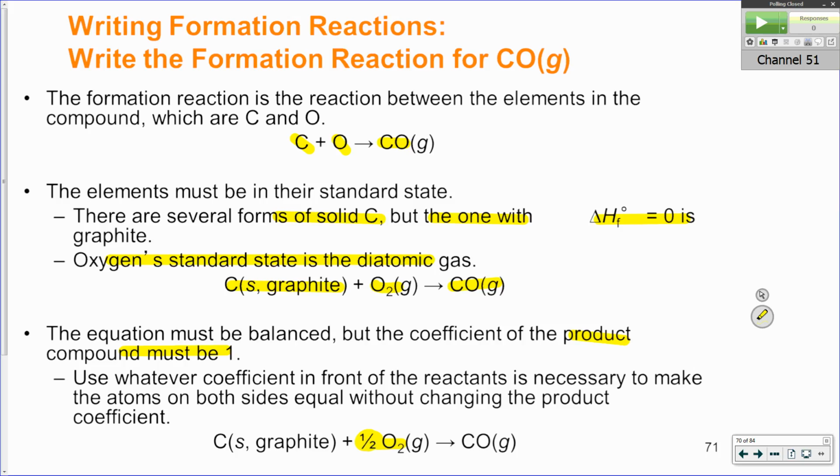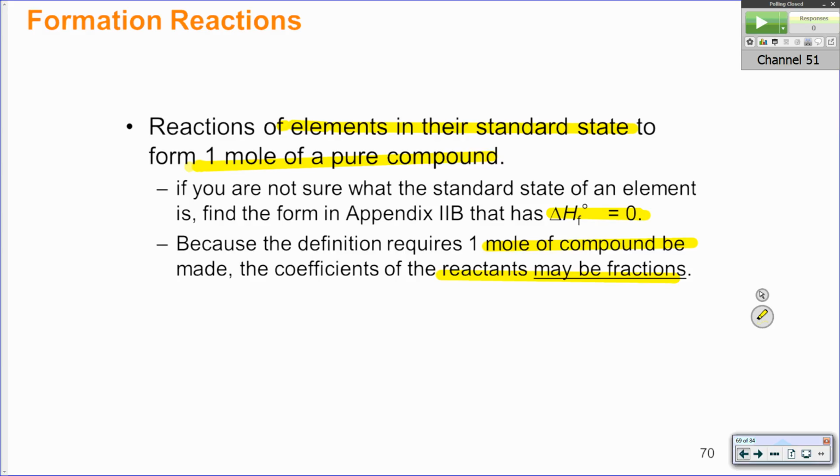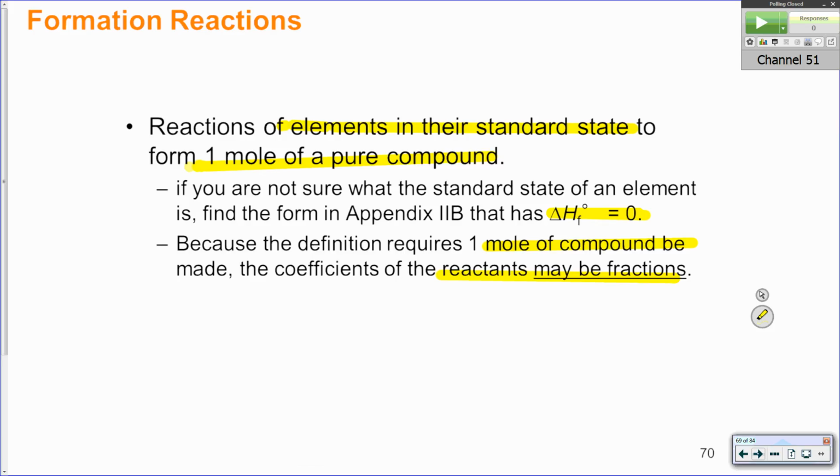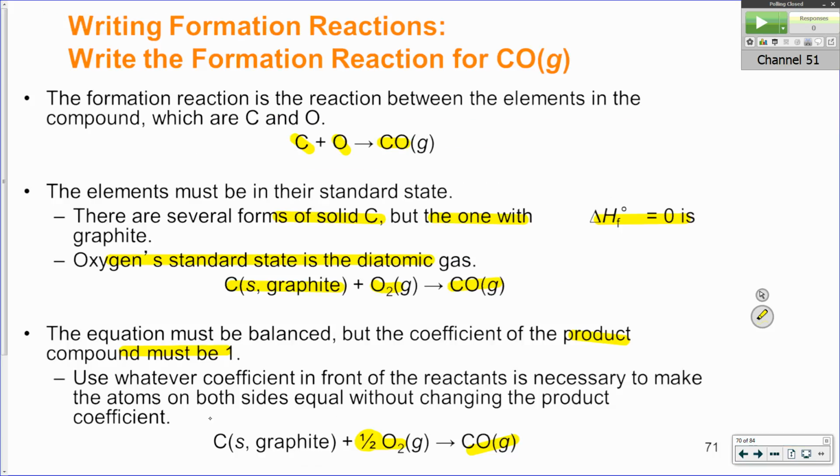So when I look up the table and find the enthalpy of formation for CO, I need to realize that this negative 110.5 represents this reaction at the bottom: the graphite form of carbon plus 1/2 O2 yields CO gas.